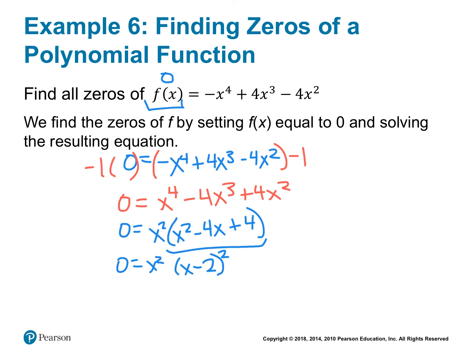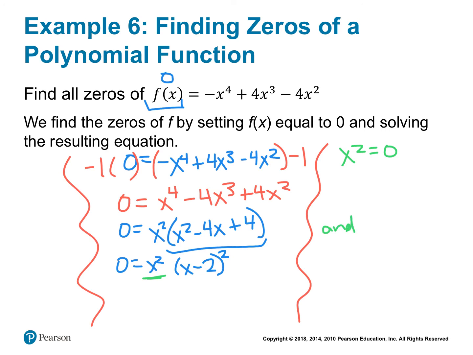So now our two equations, I'm going to have just x squared equals 0 and x minus 2 squared equals 0.